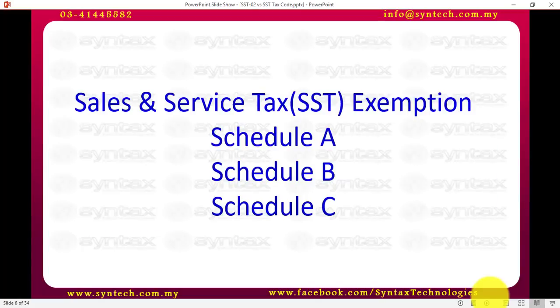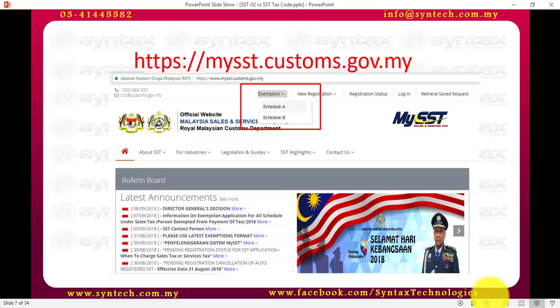Then we talk about exemptions. There are different exemptions, so you cannot just ask one person, hey, what is my exemption, what is my tax rate? Because you must understand that the exemption is actually under Schedule A, Schedule B or Schedule C. If you're under Schedule A or B, you need to go to the MySST website to do the applications.